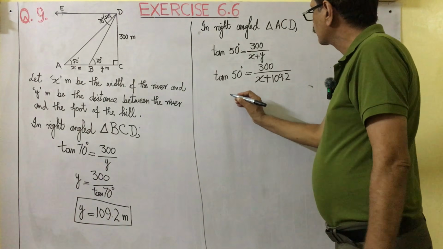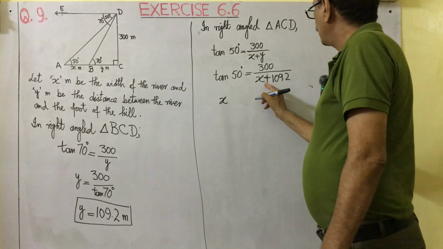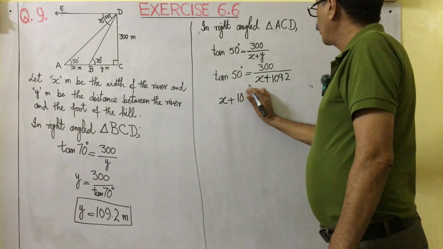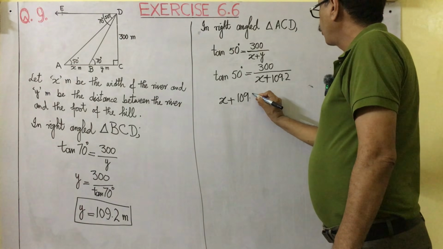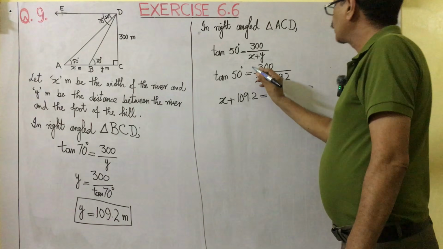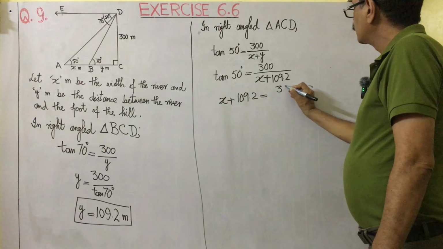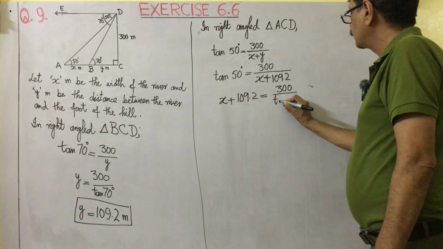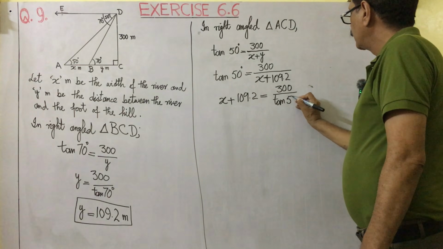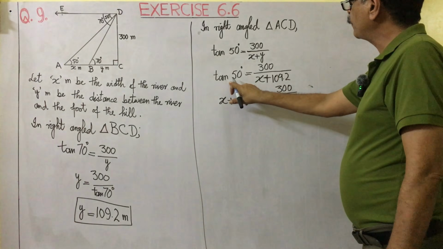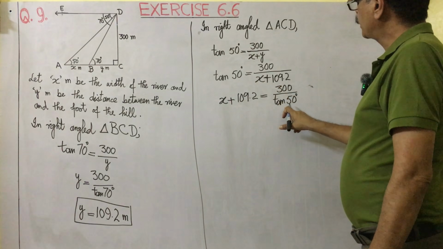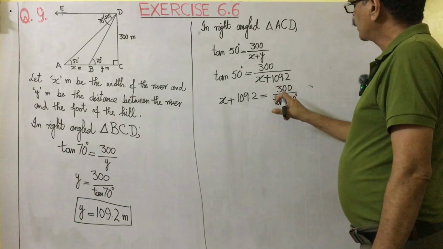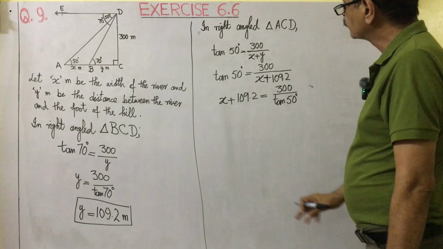Now x plus 109.2 is equal to 300 over tangent of 50 degrees. Tangent of 50 degrees taken to the right hand side, x plus 109.2 taken to the left hand side.